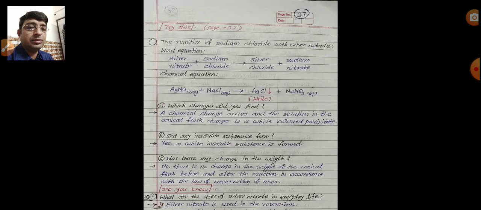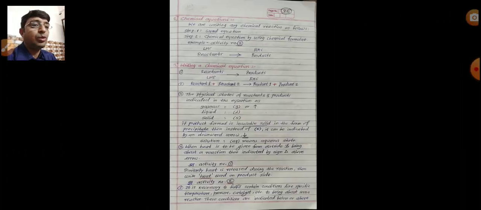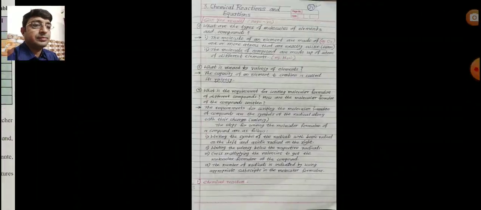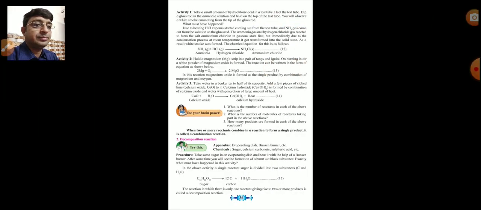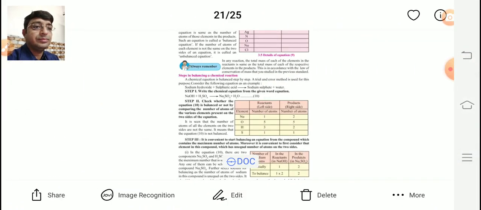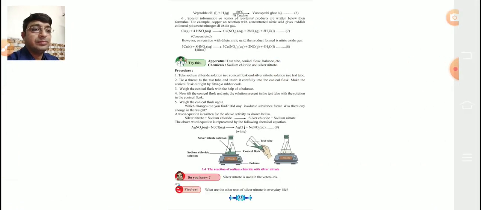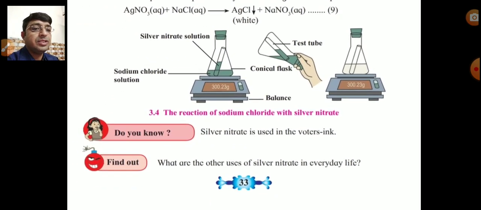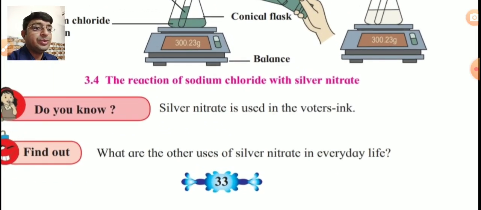You find out 3 to 4 more uses. This question is given on page number 33. What are the uses of silver nitrate in everyday life?